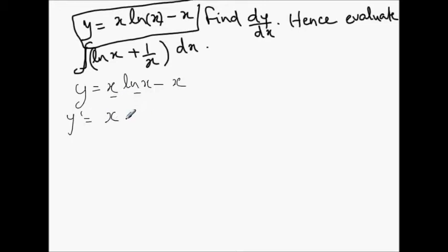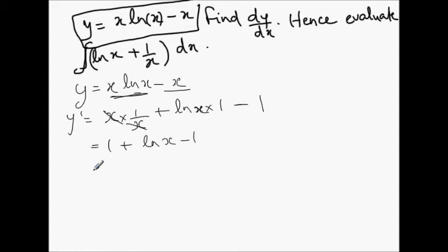So first function times the derivative of the second function plus second function times the derivative of the first function. Okay, this is just for x ln x, and minus x becomes minus 1. So this is 1, this is ln x, and this is minus 1. Therefore the answer is ln x.